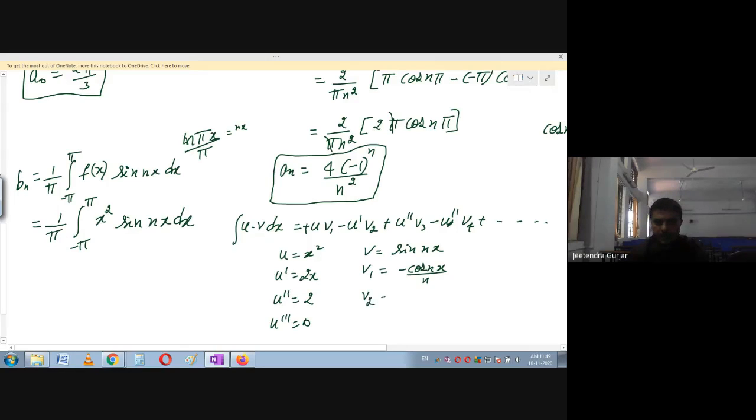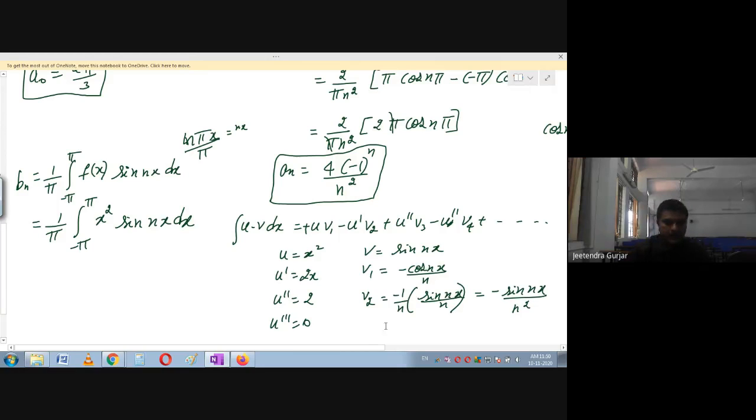If we further simplify, integrate this, so I'm going to take minus 1 upon n outside. Integration of cos nx, yes students, is nothing but sine nx upon n. Further, if we simplify, we are going to get minus sine nx upon n into n, which is n square.